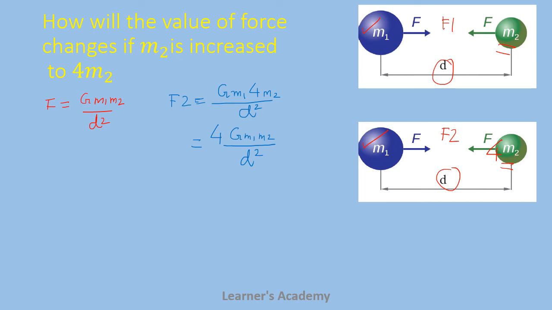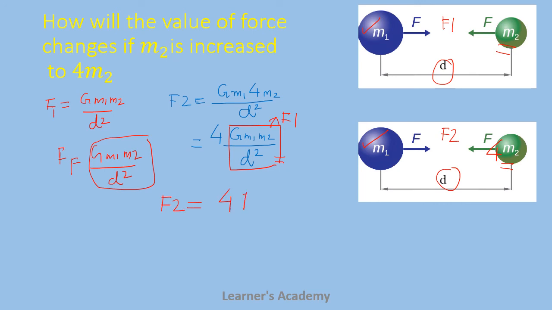You know that the initial value F1 was G m1 m2 over d square. So this value can be replaced by F1. Alright, this is equal to this. So we can write F1 over here. So that means F2 is 4 times F1. Whatever the initial value of F1, F2 will be 4 times the initial force.